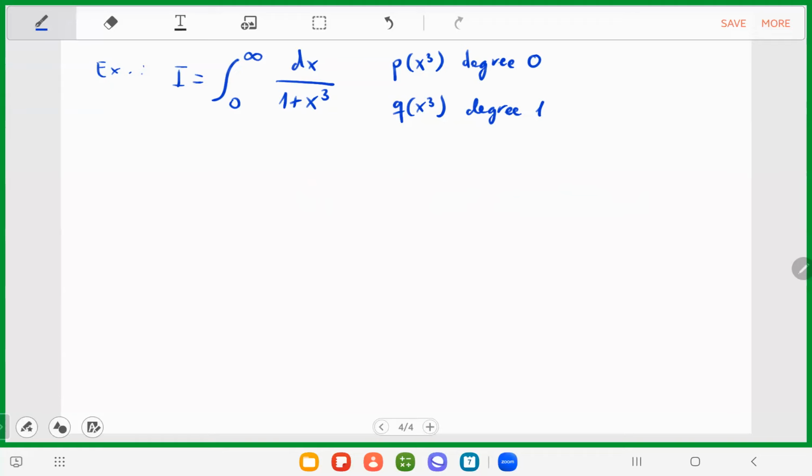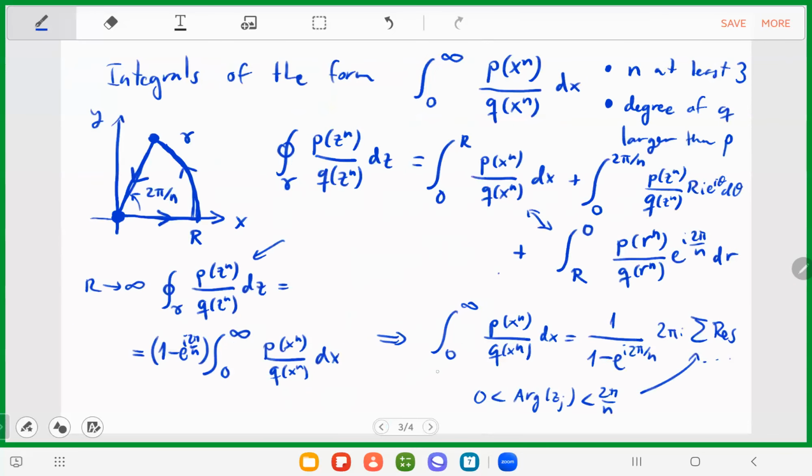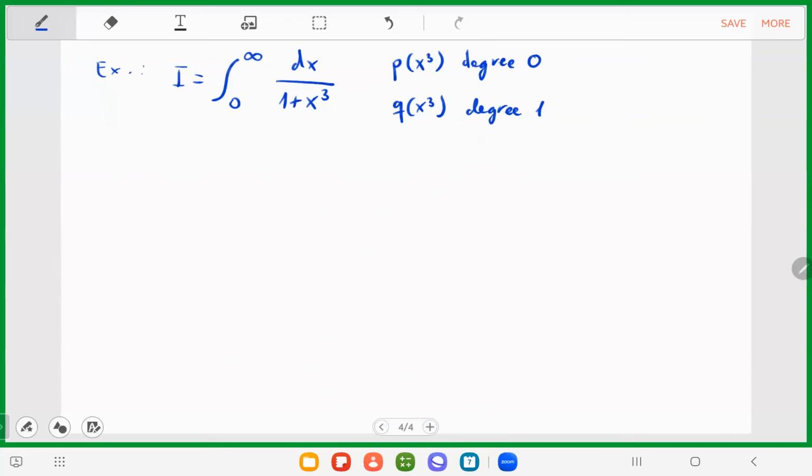And well, you can do the sector again, but since we just did it, we can simplify. Notice that the contour here will have 2 pi divided by 3 shape, so it will be more like this.